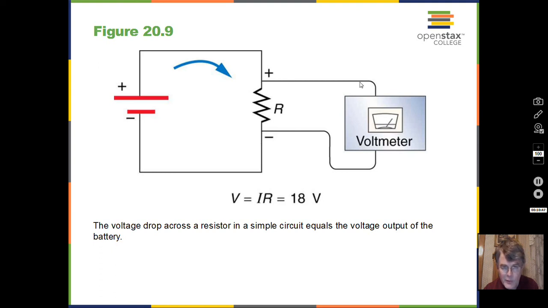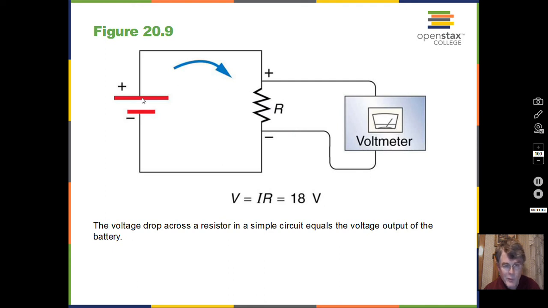A little bit of current will go through the voltmeter, a very little bit. The voltmeter will have a resistance itself in millions of ohms or more for modern voltmeters. But in this particular circuit, I times R turned out to be 18 volts. That's what this would be reading. And we call this the voltage drop across the resistor.